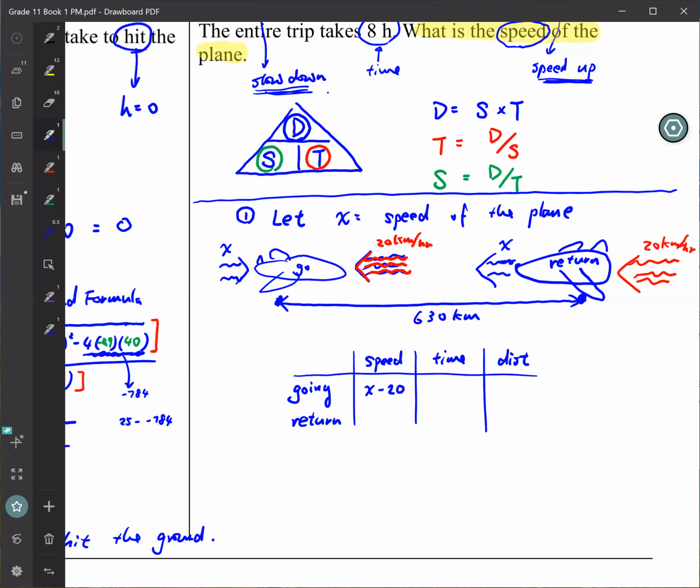What about returning then? Evan, what do you think? How do we fill out the returning speed? I'm not really quite sure. Do you understand why we did x minus 20? Not really. Okay, do you know why going is slower?